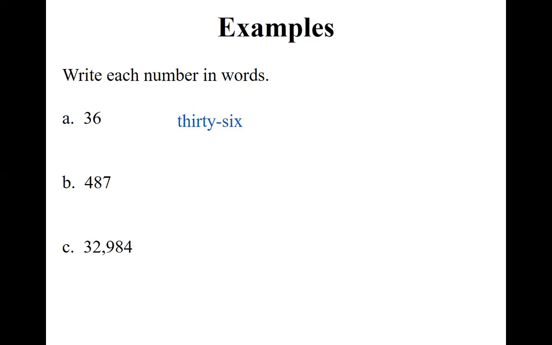Notice that when we write something like 36 or 87 or 84, there's going to be a hyphen, a dash between the tens word and the ones word. So 30-6, and we're going to have 80-7 and 80-4 in B and C. We only put the dashes there, though, in each period, just between the tens and the ones.